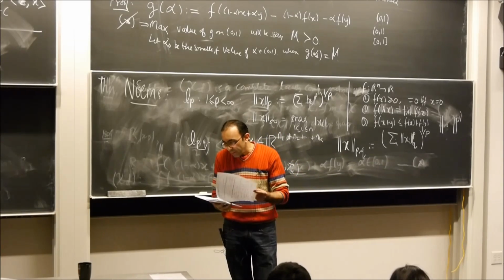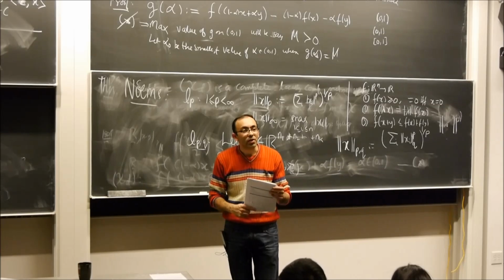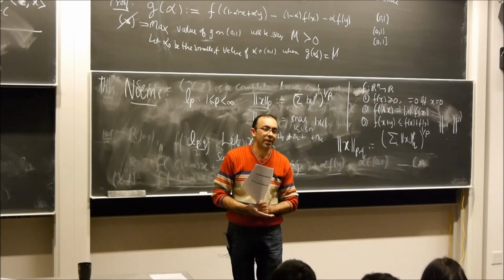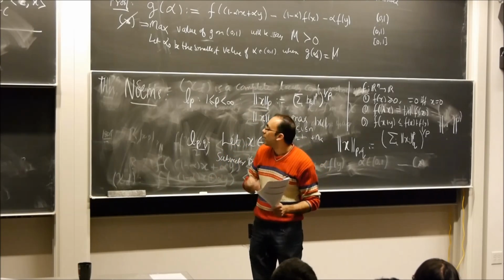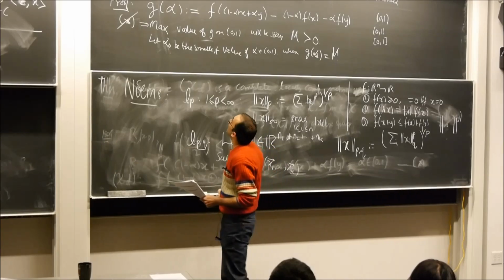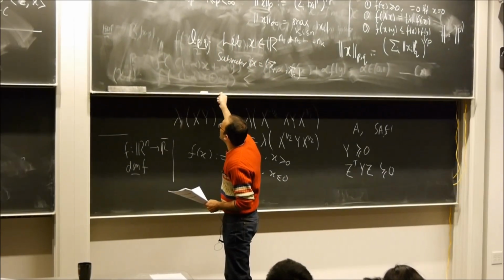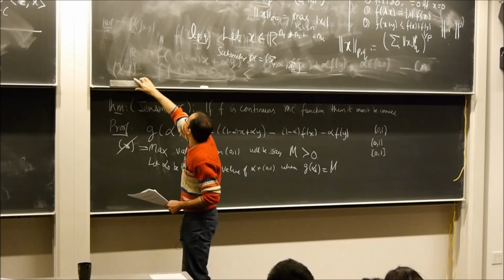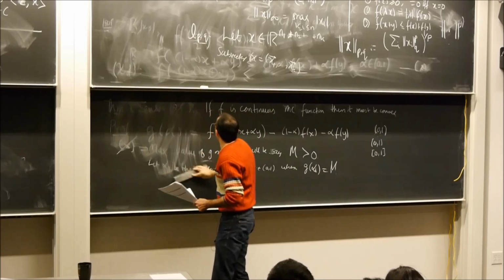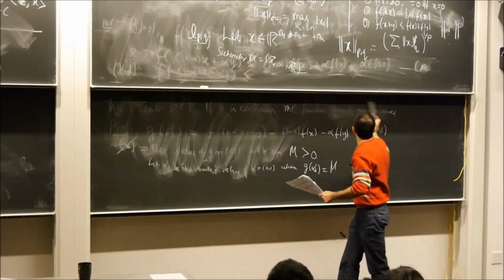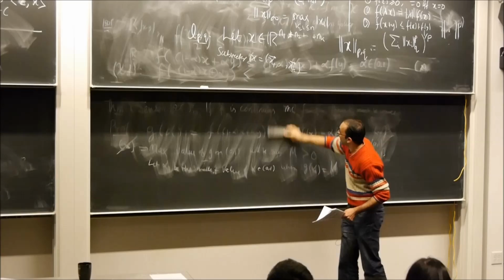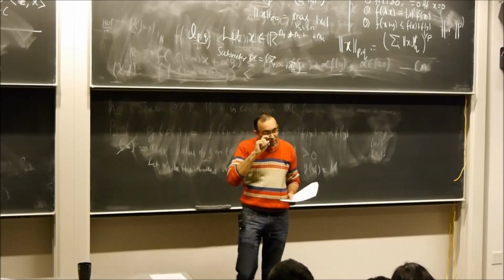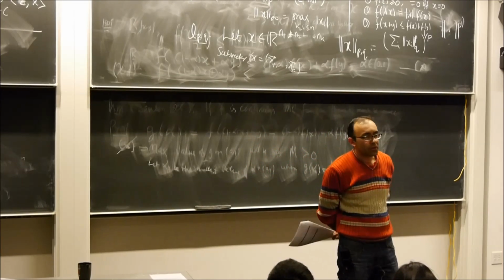Now, going beyond vectors, let me also quickly tell you about norms on matrices. Most people will be familiar with some norms on matrices. There are several ways of defining norms on matrices.